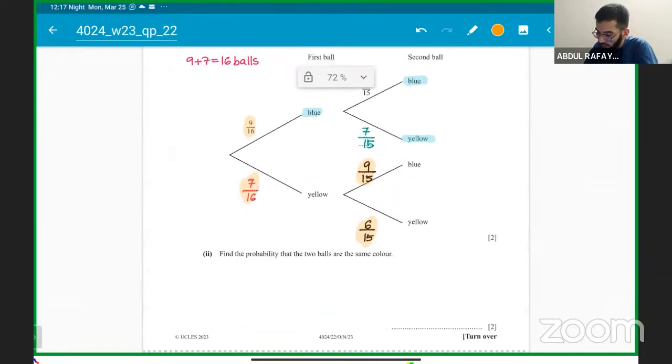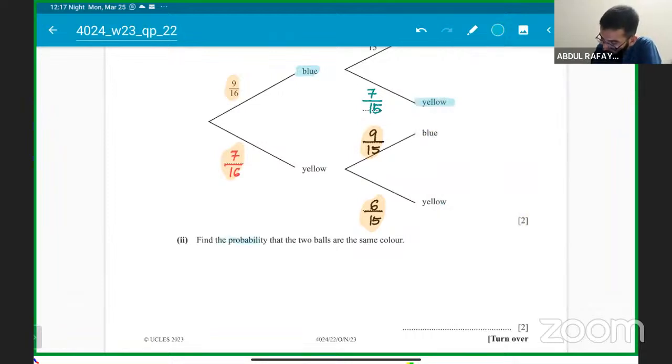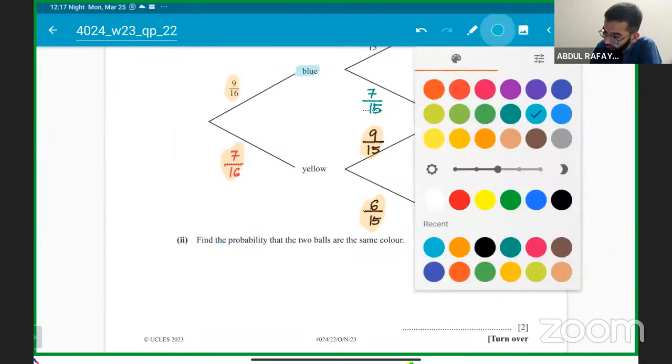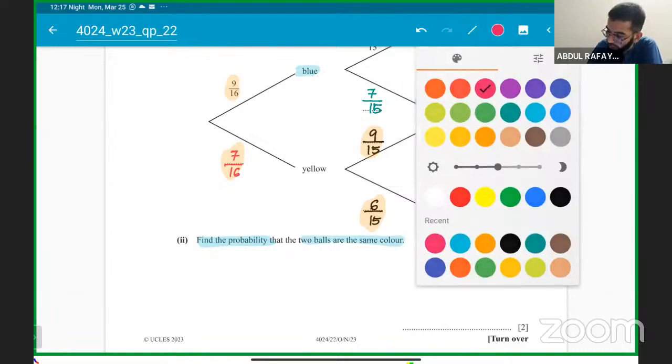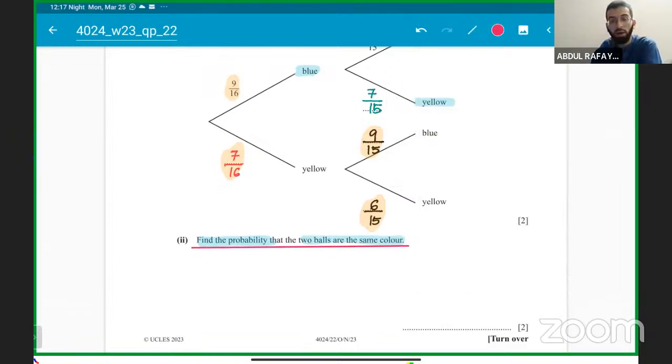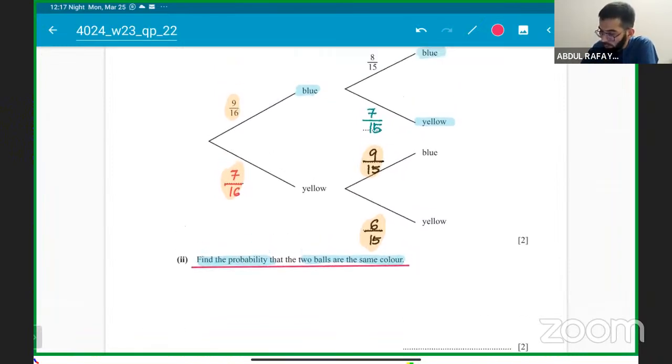With this, we finish off this, and then we have part C, which talks about, sir, we have to find the probability that the two balls are of the same color. What are the options available here, students?